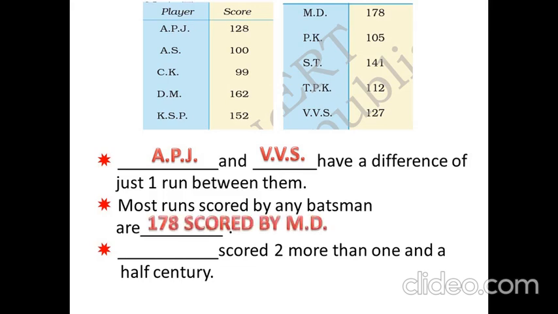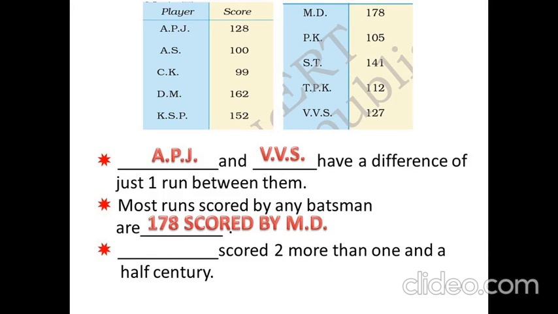Dash scored 2 more runs than 1.5 century. Century is 100 runs, so we can call half century half of the 100.